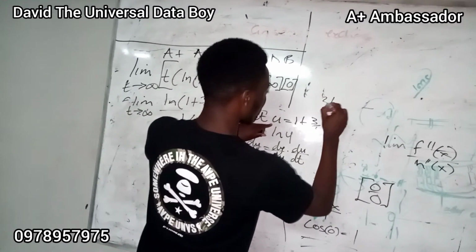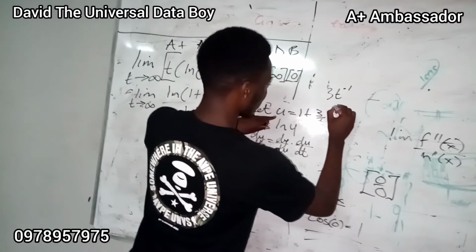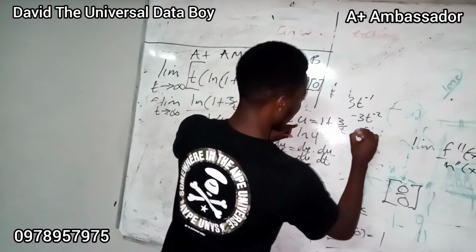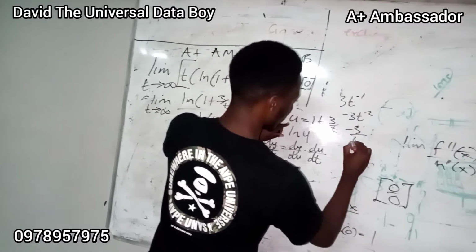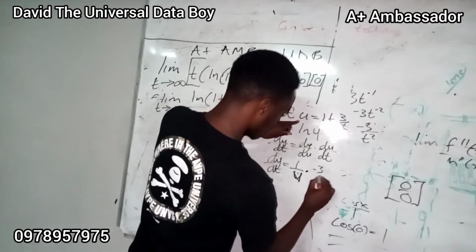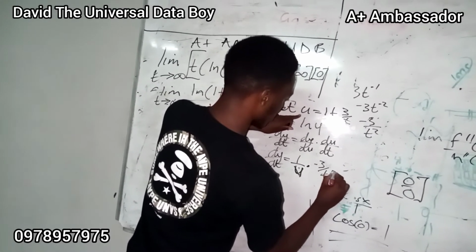This 3 over t is 3t to the power negative 1. When you differentiate, you multiply by the power negative 1, and you have negative 3t to the power negative 2, which is negative 3 over t squared.